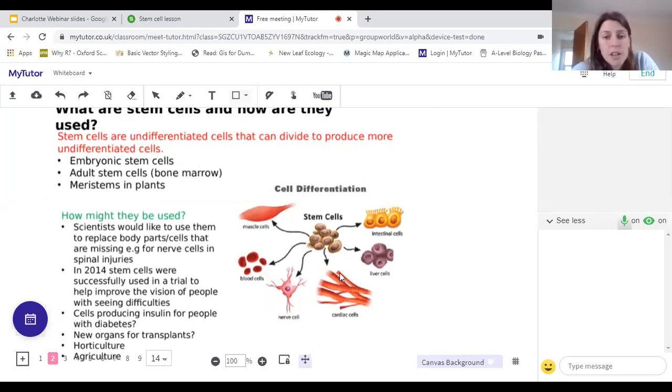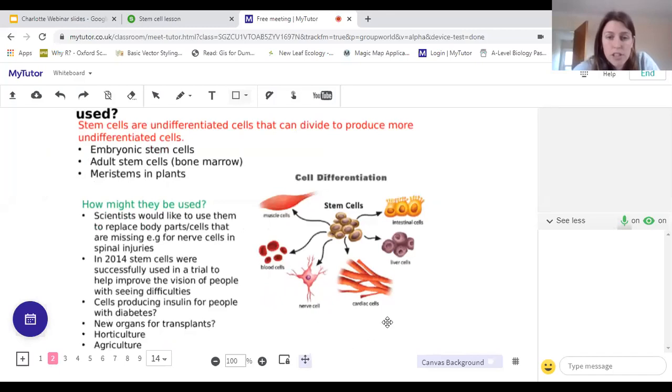There's a nice diagram here of cell differentiation. So stem cells can become any different sort of cell. So blood cells, nerve cells, cardiac cells, liver cells, intestinal cells, any of the cells in our body. It depends. So different sorts of stem cells can have sort of limits to their differentiation.